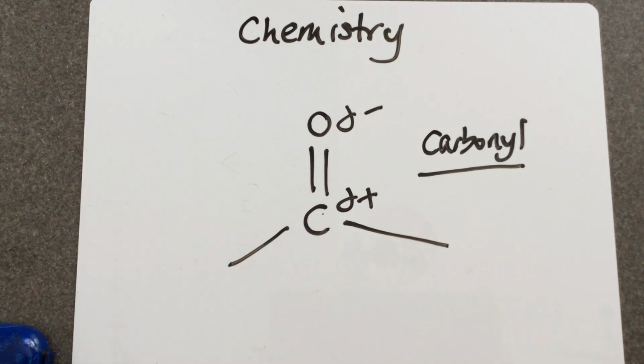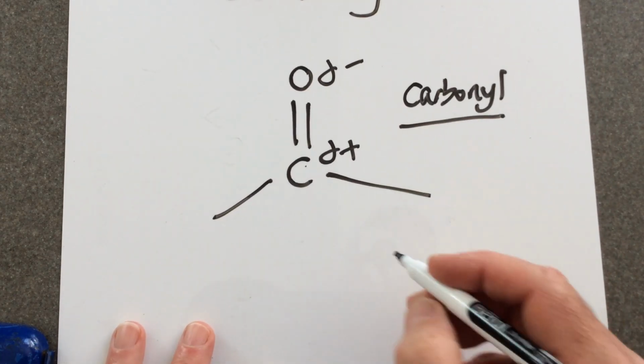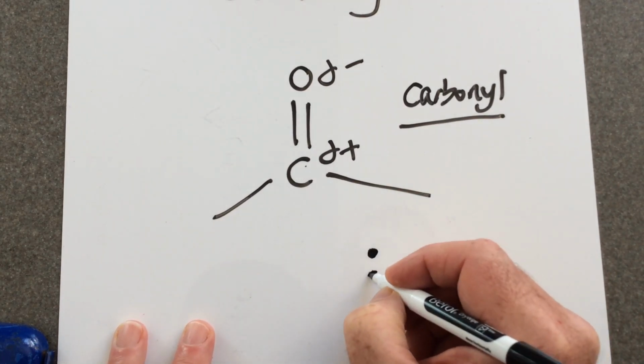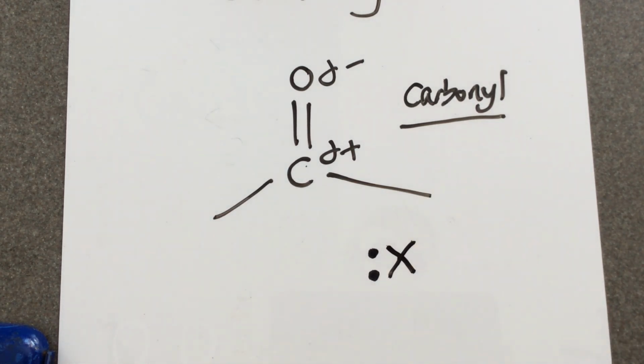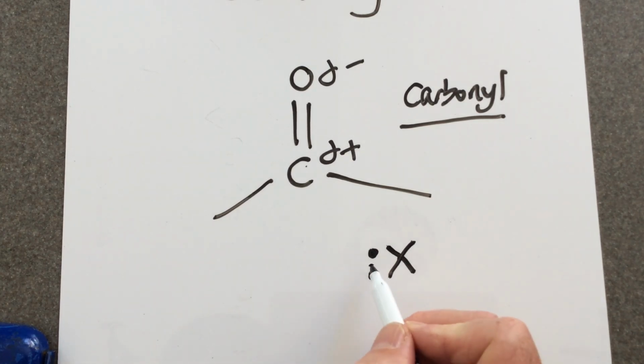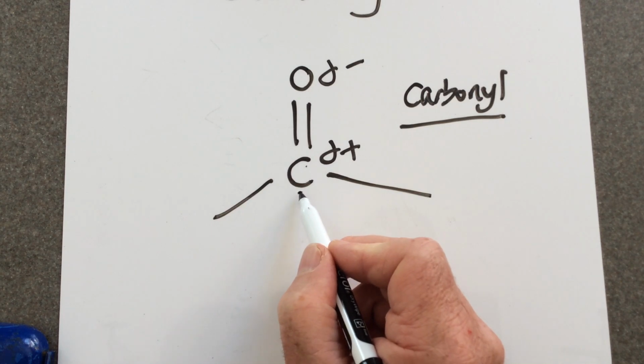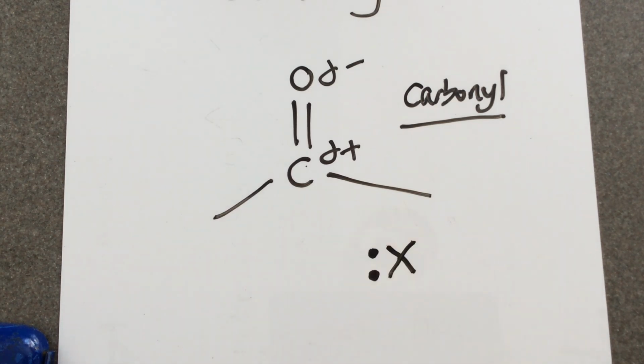Let's get back to this delta positive carbon atom. What kinds of things are going to be attracted towards the delta positive carbon? Things with lone pairs of electrons. Because an entity with a lone pair of electrons is going to be able to form a bond to this delta positive carbon atom.